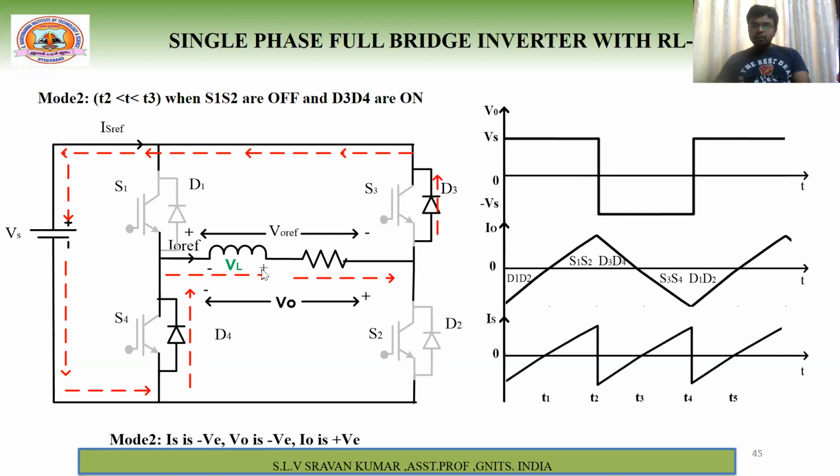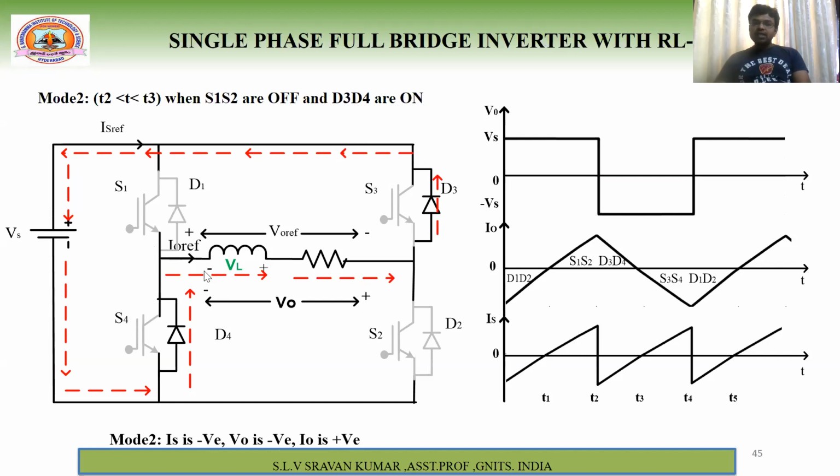This positive is applied to the anode, and with the cathode present, it is forward biased. Similarly, this negative is applied to the cathode, so the anode is positive, and it is also forward biased. So the current travels from this plus through the load resistance, this diode, the source, and again through D4 to the return path.